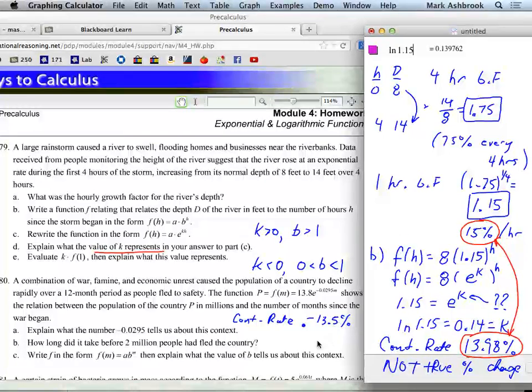Would you have e and you just put in the decimal? Would be negative 0.135. That's right. All right, let's find that. That would be B. And we're expecting that to be between 0 and 1. e to the negative 0.135 is 0.874.